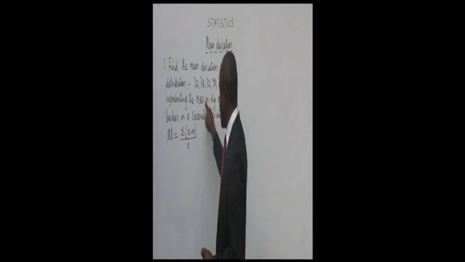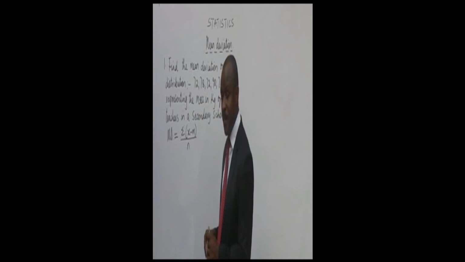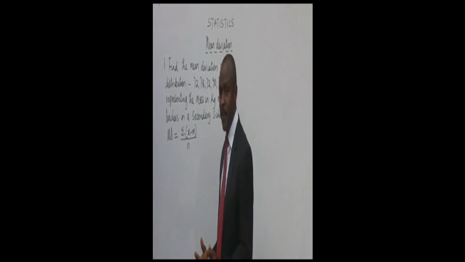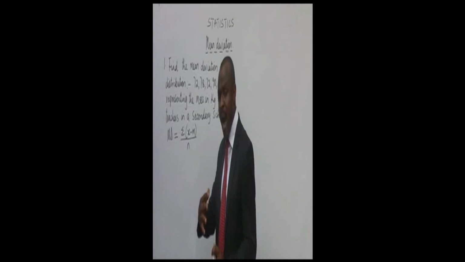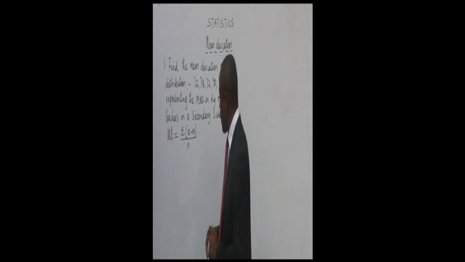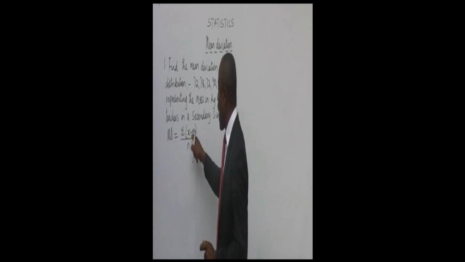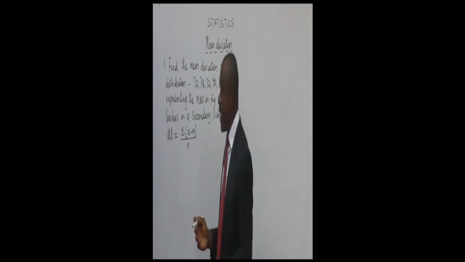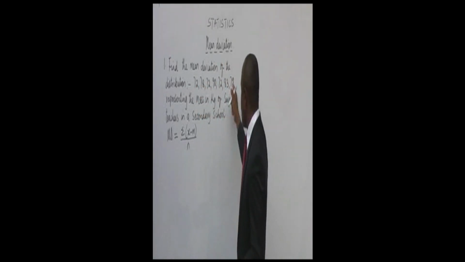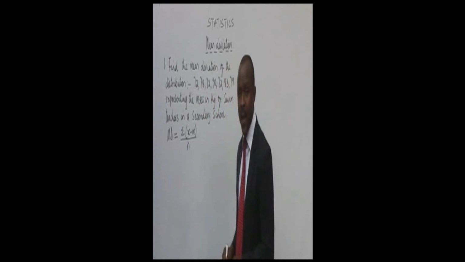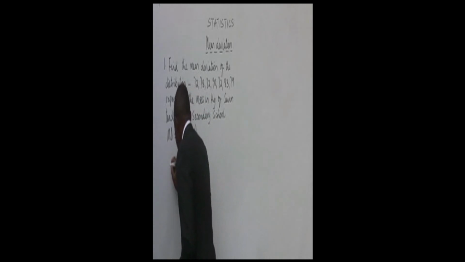X is the numbers, m is the mean, n is how many of the numbers are available in the distribution. So before we can apply this formula to find our MD, mean deviation, we must find the mean first. And you know what mean is. Add together all these numbers and divide it by 1, 2, 3, 4, 5, 6, 7, which they are. So we first of all find our mean.